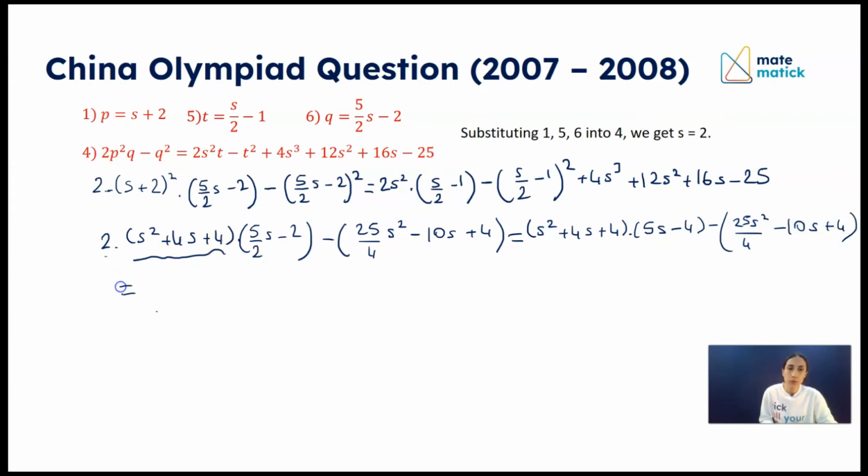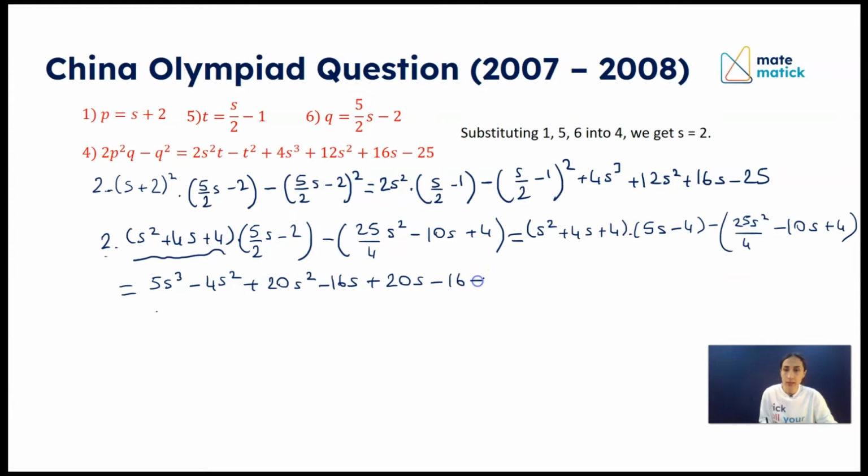So, what we have here now? Okay, now multiply these parentheses together. So here we have 5S cubed minus 4S squared plus 20S squared minus 16S plus 20S and minus 60.